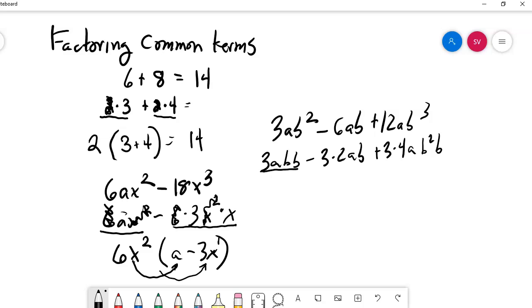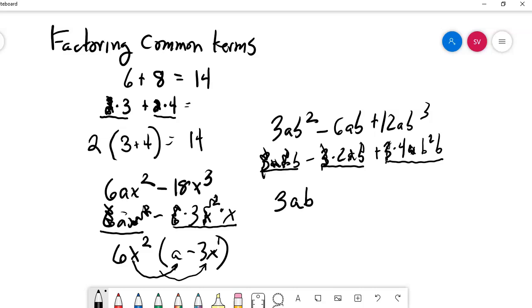So now we compare everything that's separated by plus and minus signs. And now we look to see what's common. I have a 3, so I cross it off the list. I have an a. I cross it off the list. And I have a b.